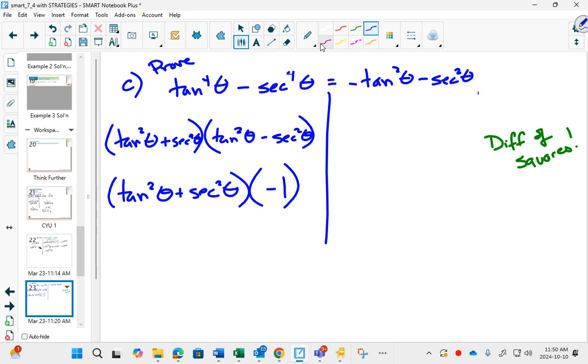Can you see why it's right? Can you see why I'm allowed to, well, technically not allowed, but I am allowed that tan squared theta minus secant squared theta is negative 1. You didn't show your work. I didn't show my work. So I lose a mark. That's why I lose a mark. Because I didn't show my work.